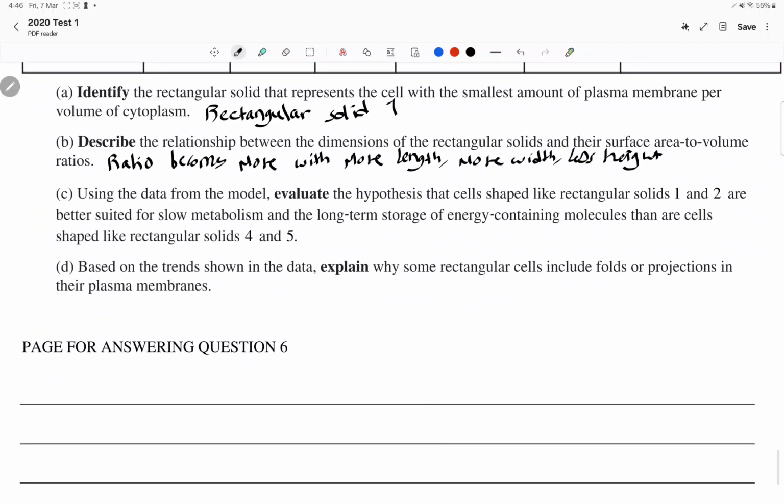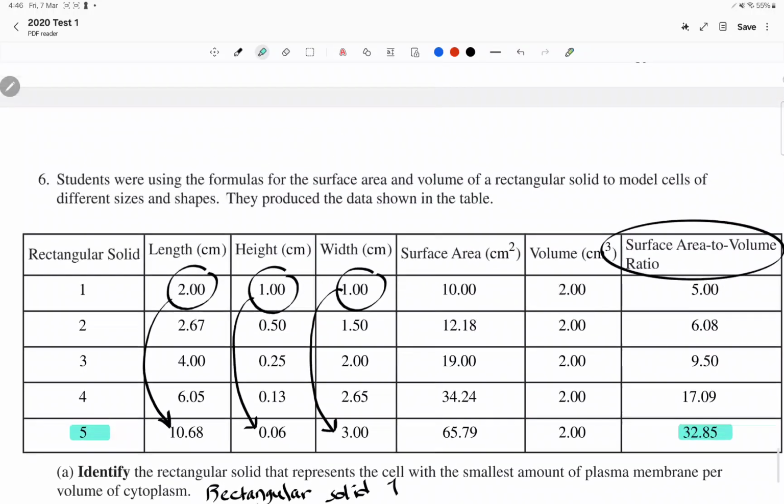C. Using the data from the model, evaluate the hypothesis that the cells shaped like rectangular solids 1 and 2 are better suited for slow metabolism and long storage of energy compared to 4 and 5. You must look at the surface area to volume ratio.